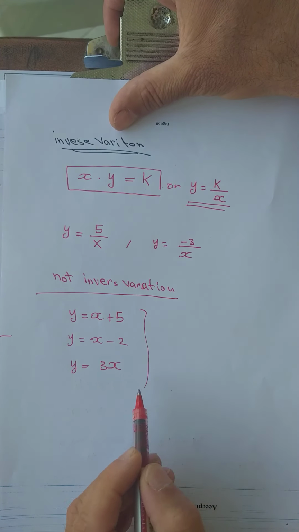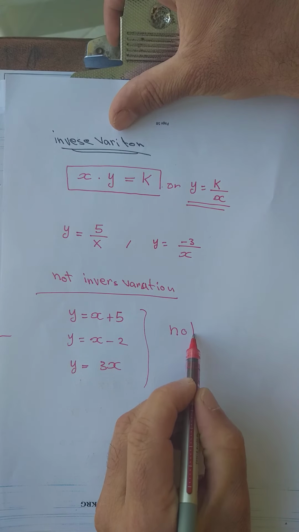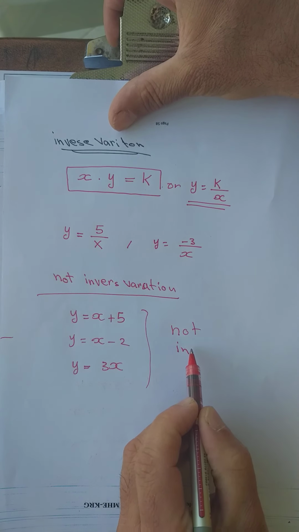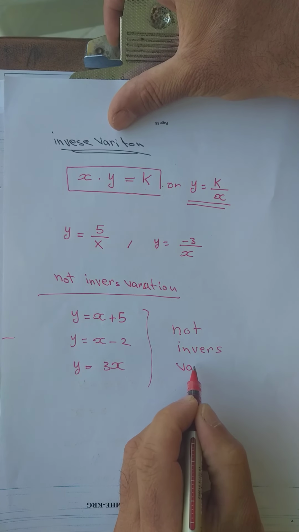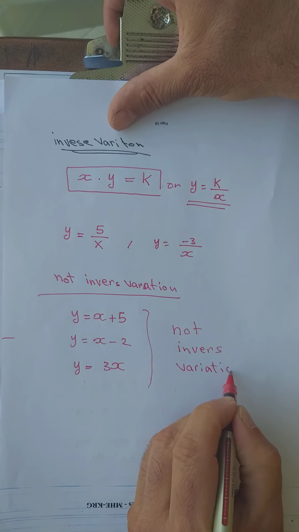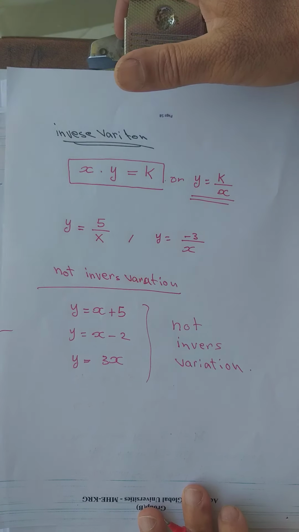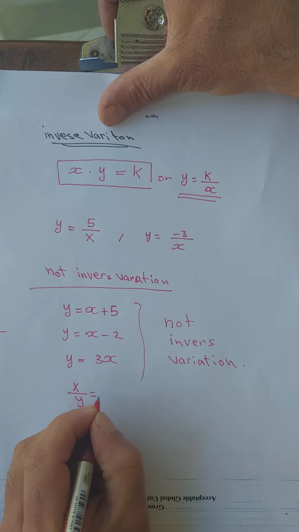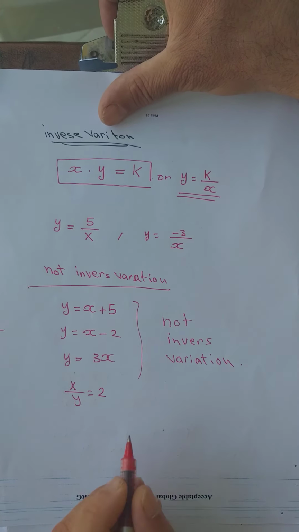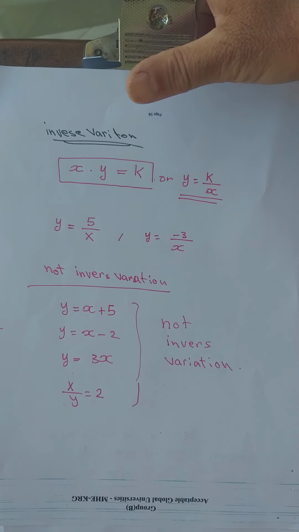These are all not inverse variation. Okay? This one, x over y equals 2, is not inverse variation.